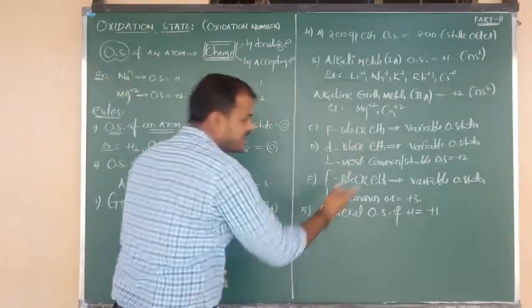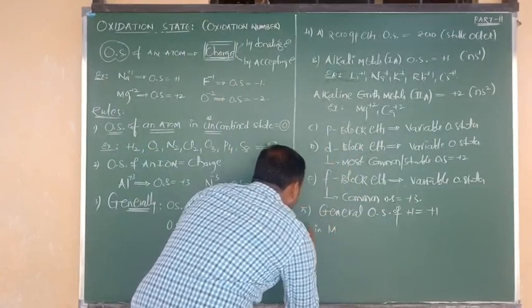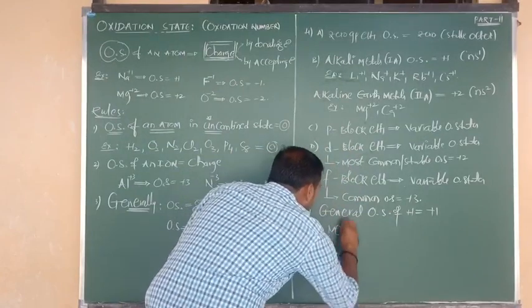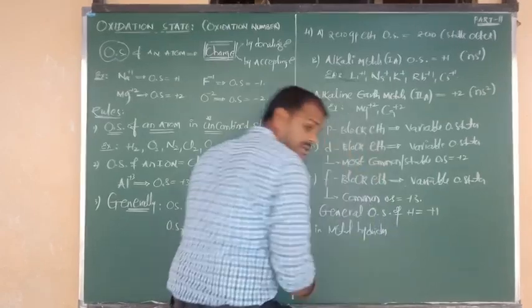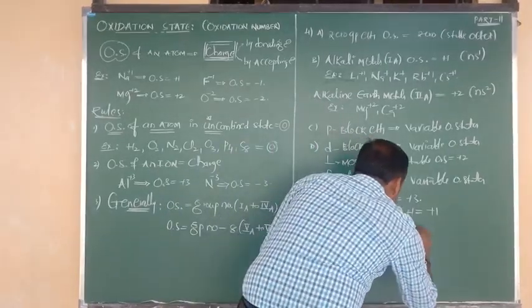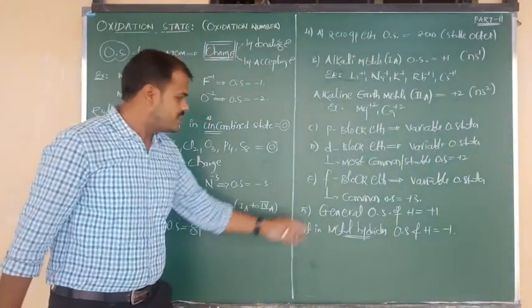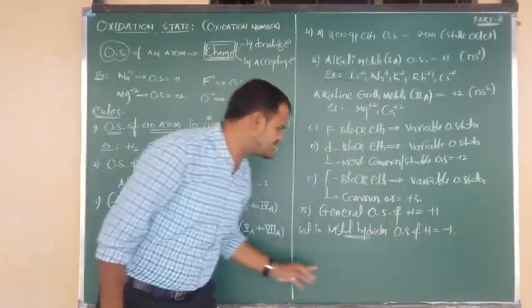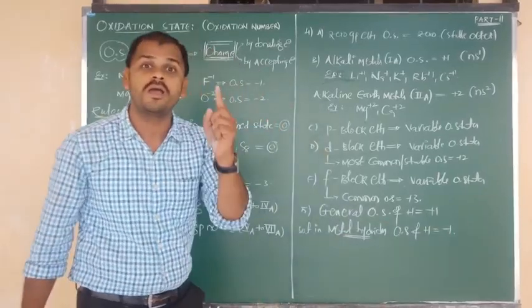So the general oxidation state of hydrogen is +1, but in metal hydrides this condition is applied: the oxidation state of hydrogen is -1.